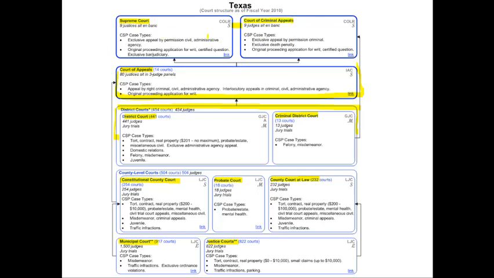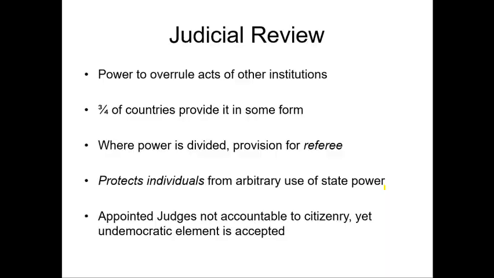So what they may be doing here is separating some different types of cases into the Court of Criminal Appeals, as opposed to a Supreme Court over civil, administrative, and constitutional issues, and then another court here particularly appealing to death penalty cases and things like that, capital cases. So that gives you some examples of state courts, and they all are similar in that they have original jurisdiction and appellate jurisdiction. Similar types of courts, they're just called different things, but they all handle the same types of cases.